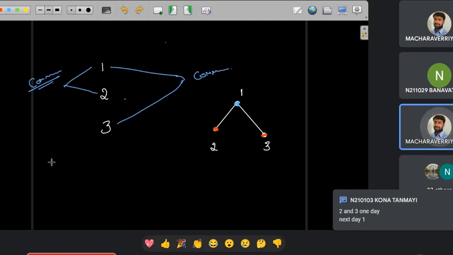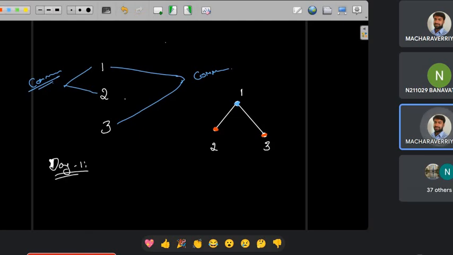On day one, let us conduct the course 1 exam. On day 2, let's conduct the exam for courses 2 and 3. But if I conduct it like this, let me illustrate by taking the persons so that things will be clear. This is course 1. Let's assume that A, B, C, D, E are the students we have.